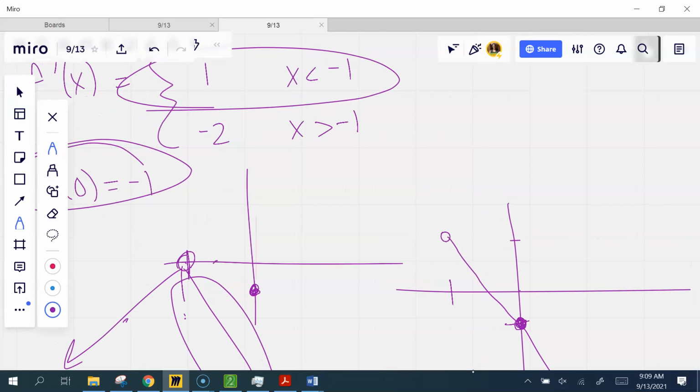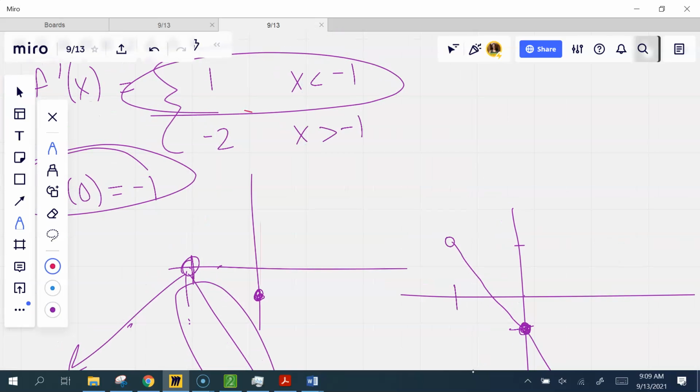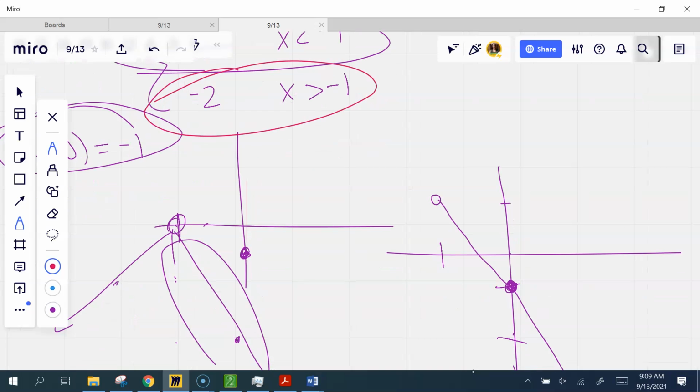Okay, is that a slope of negative 2 when x is bigger than negative 1? Yes, I can agree with that. So it's a negative 2 slope.